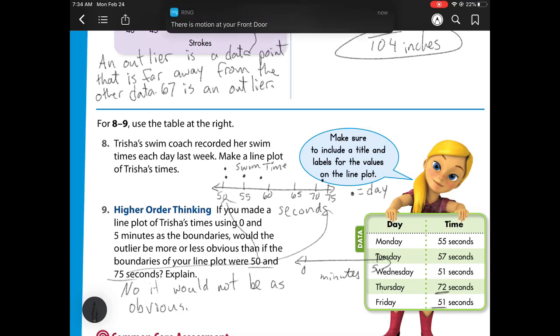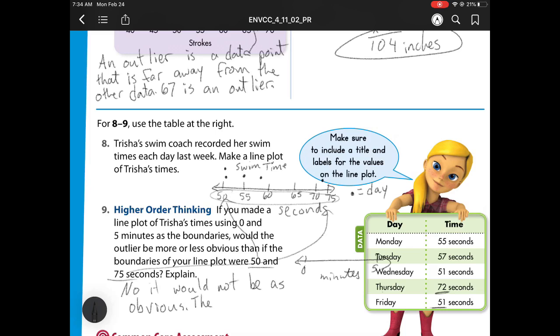Well, the reason why is because my data was scattered in seconds. So my biggest range was 25. But now my biggest range would be 5 minutes, which is the same as 300 seconds.